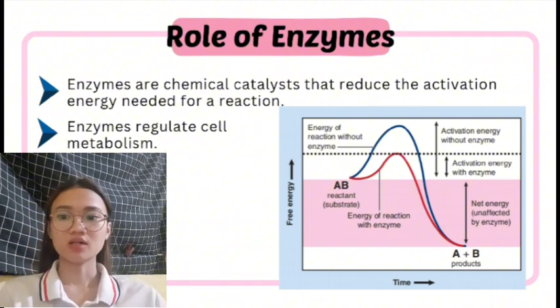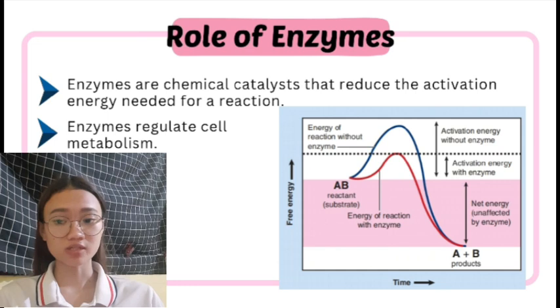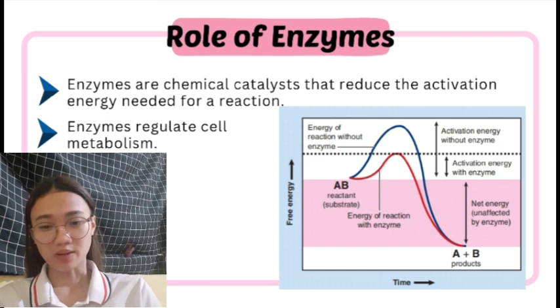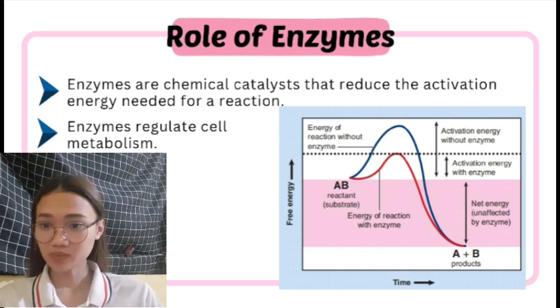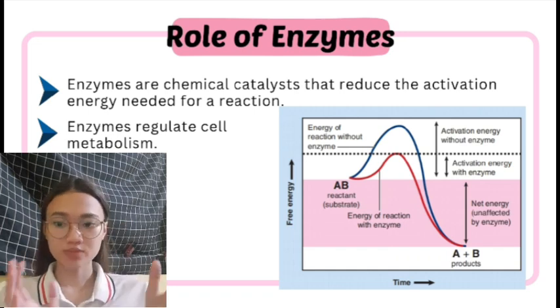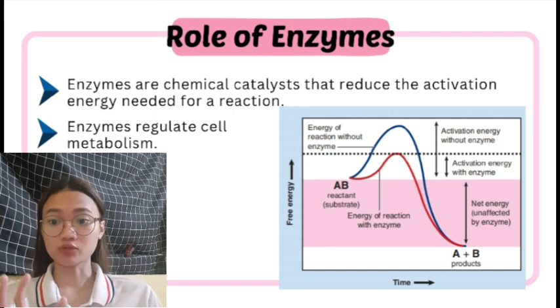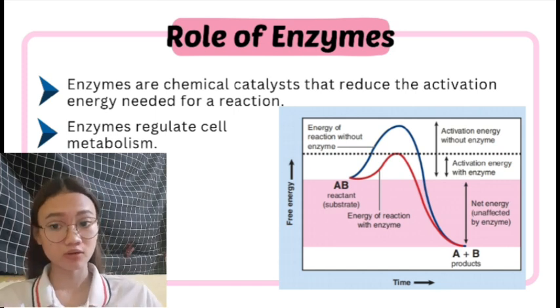So, yung mga chemical reactions na bumubuo sa isang metabolic pathway sa loob ng cells is hindi siya karaniwan nangyayari ng kusa. So, sa normal body temperature ng katawan natin, yung mga activation energy na kailangan para magsimula ang chemical reaction is masyadong mataas para sa mga molecules to start or to react on their own.